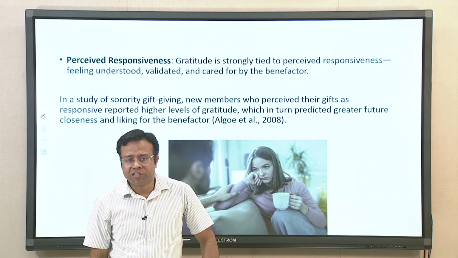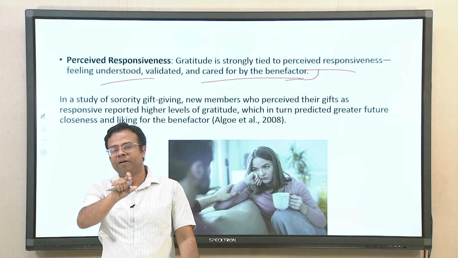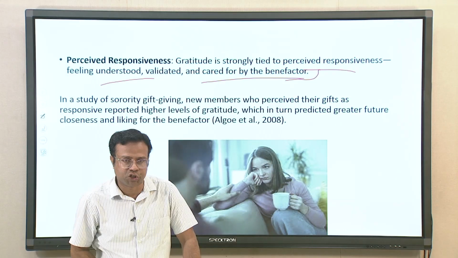Perceived responsiveness is another area where gratitude can play an important role. Gratitude is strongly tied to perceived responsiveness, feeling understood, validated and cared for by the benefactor. So, it can play a very important role in all these aspects, which matter for positive relationships.